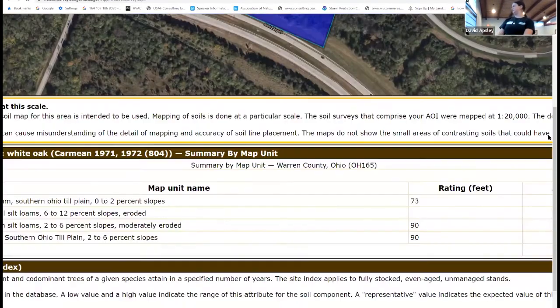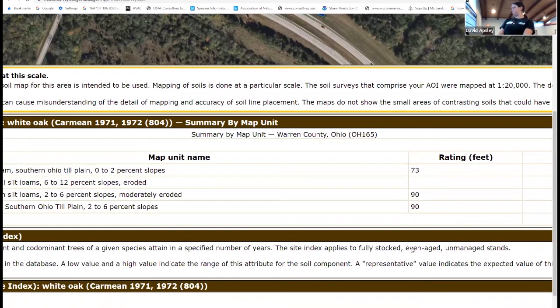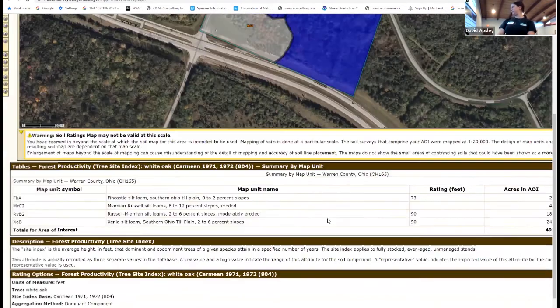FHA. Okay, so FHA, that red, your rating is 73. Not that great compared to what is blue and 90. And so the higher the number, the better the quality that soil is for that species of tree.